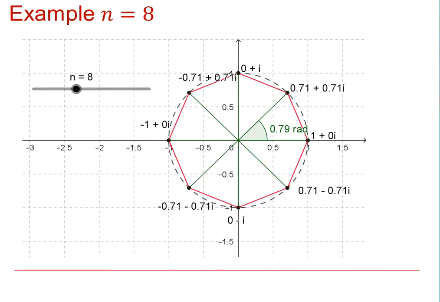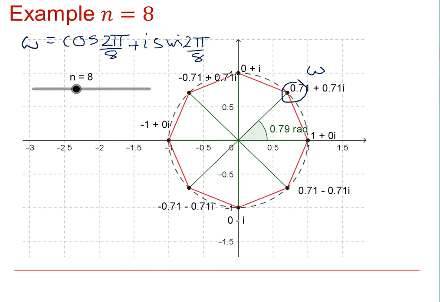So for example, for n equals 8, we would have that omega equals cos 2 pi over 8 plus i sin 2 pi over 8, which obviously then the 2 pi by 8 cancels down to pi by 4. So this would be omega.